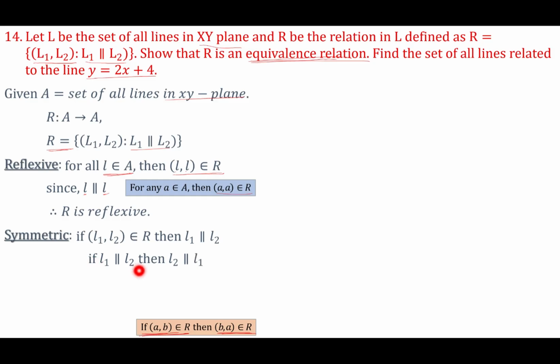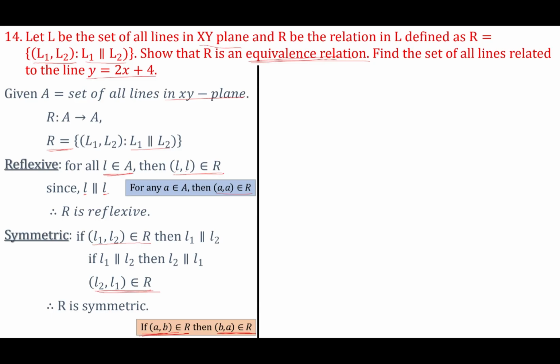If line 1 is parallel to line 2, that means line 2 is also parallel to line 1. Since line 2 is parallel to line 1, (L2, L1) belongs to the relation, which means the given relation R is symmetric.